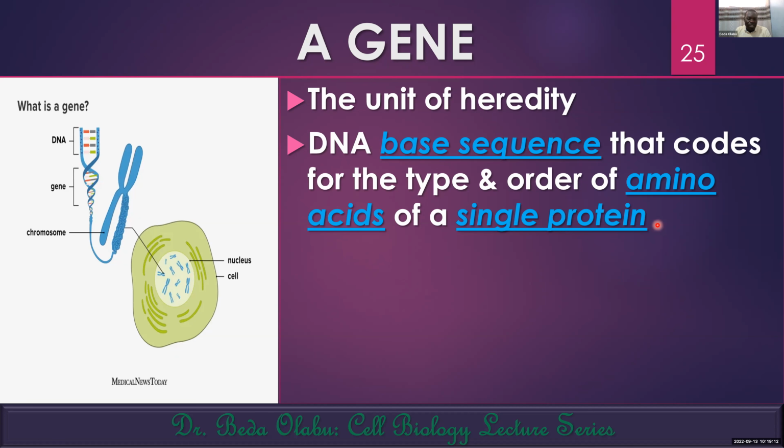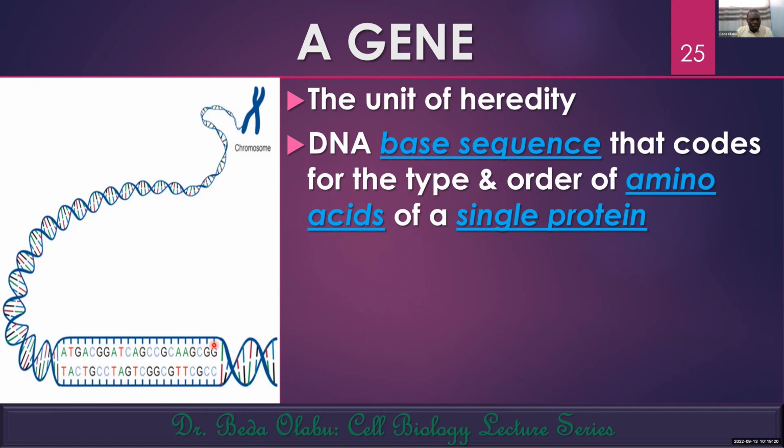The base sequence, which means that if you are to remember that DNA sequence, let me show you this one. So if in this particular DNA molecule, this is one strand, this is another strand, let's take one of the strands. So here we see G, G, C, G, A, A. That is the base sequence I'm talking about, because these are the bases, guanine, cytosine, and the like.